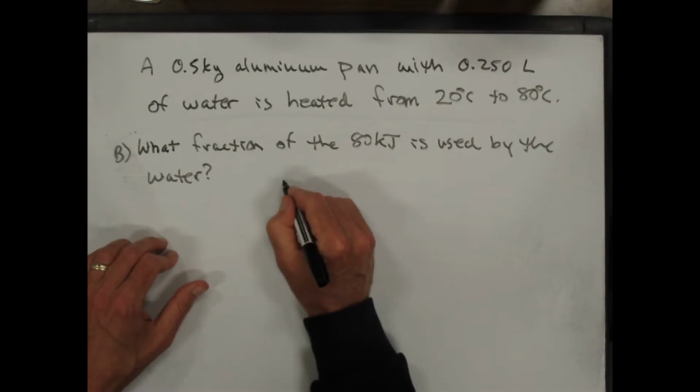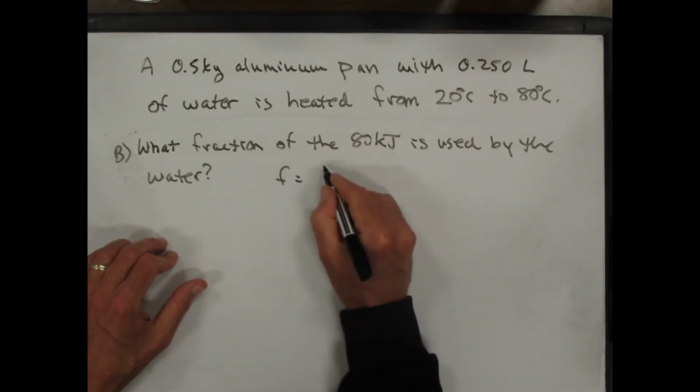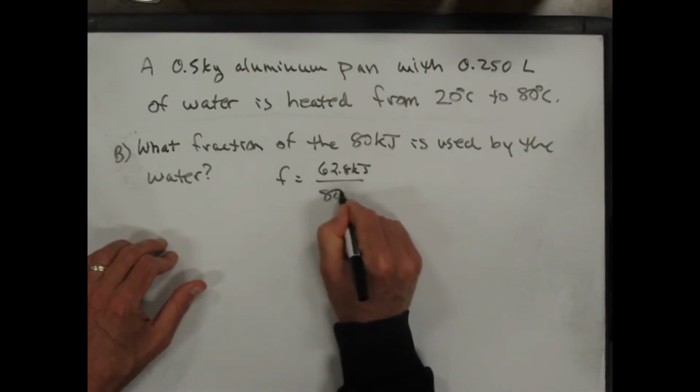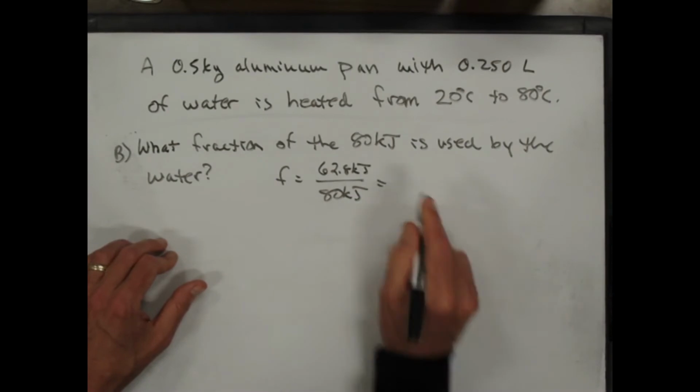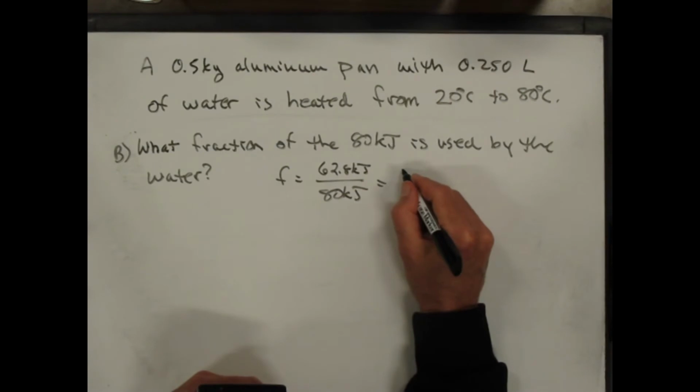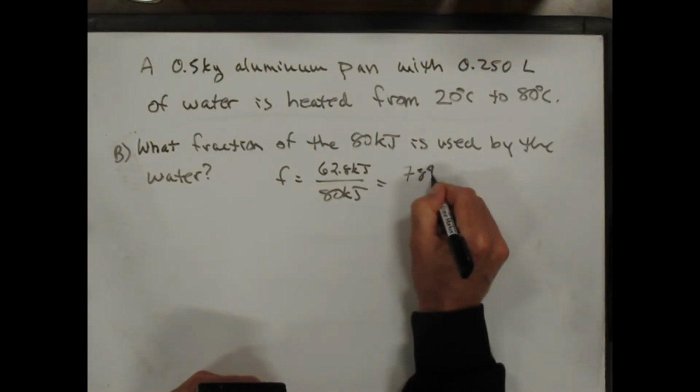It's just the fraction is 62.8 kilojoules over 80 kilojoules, which is about 78%.